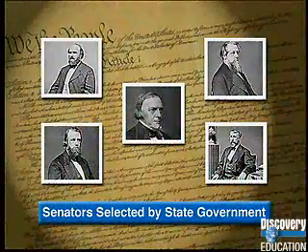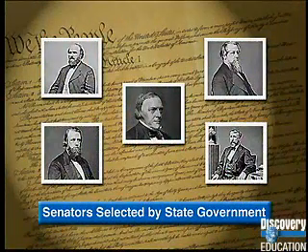In other words, the Constitution should be able to adapt to different times and different ways of thinking. And the 17th Amendment is a perfect example of what he meant. You see, originally, senators were selected by their state governments, not elected by the people. But that became an outdated idea. Now senators are elected directly by the people.